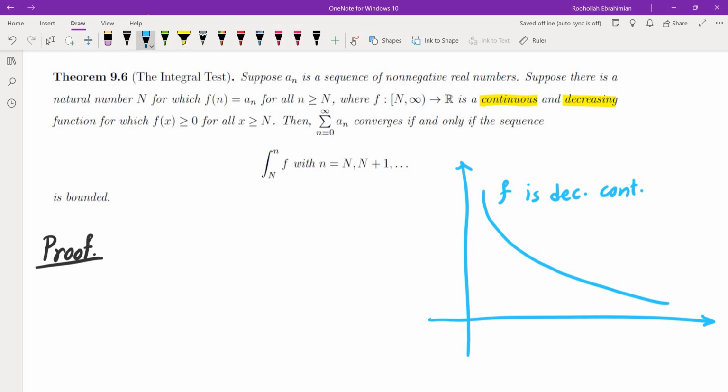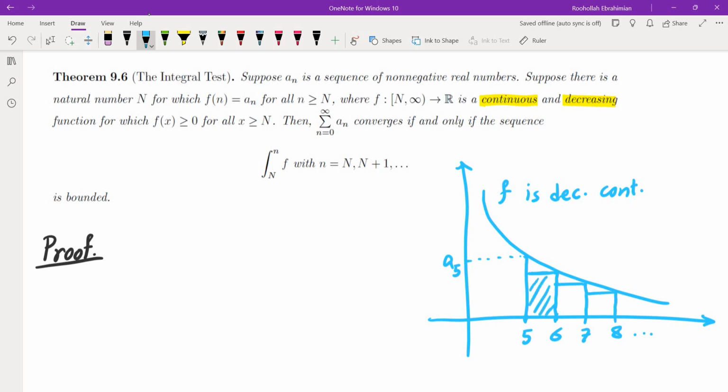Now, the function is basically the same as the sequence. So if you take the values of the sequence at, let's say, 5, it starts being the same. A5 is this value. And then at 6, and then at 7, and then at 8, etc. So A6 would be this quantity, A7 would be this quantity, A8 would be this quantity.